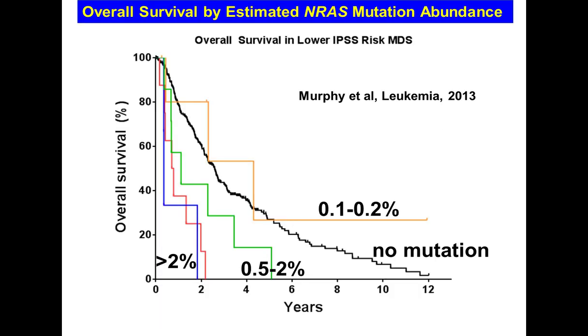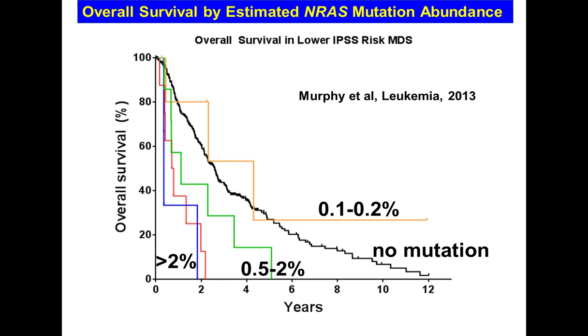And here is the comparison with the clinical results, the Kaplan-Meier curves. And what we demonstrated is that if the ice-cold PCR detected mutations are of the order of 0.1 to 0.2%, there is no difference. They have no relevance for development to leukemia, to AML, basically.